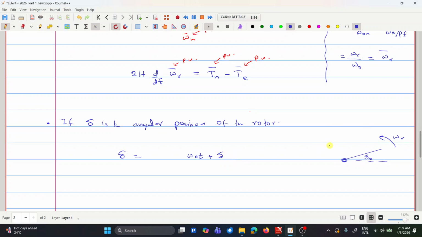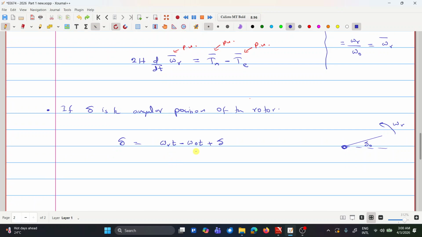If you are rotating at the rated speed. But now because of this acceleration or deceleration, you are not rotating at the rated speed, so your actual angular position at any given time would be given as omega r t minus omega naught t plus delta. So this is basically the deviation from the base speed, or the rated speed.